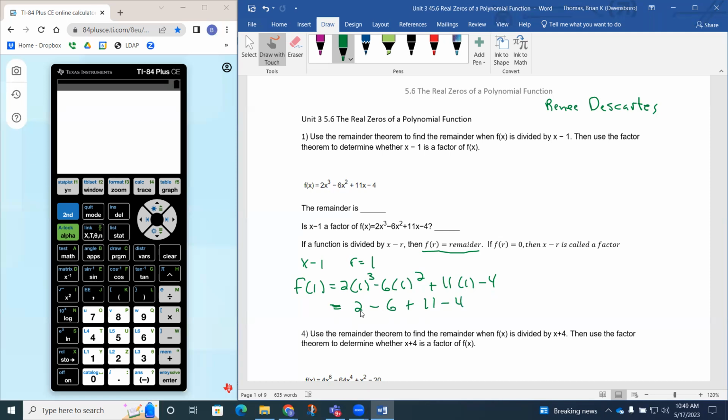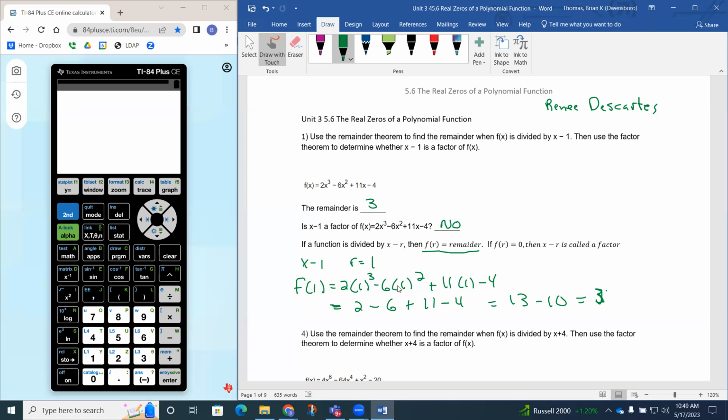So 2 plus 11 is 13. A negative 6 and a negative 4 is a negative 10. 13 take away 10 would be just 3. So the remainder is 3. So is x minus 1 a factor? Well, since the remainder was not 0, x minus 1 is not a factor.